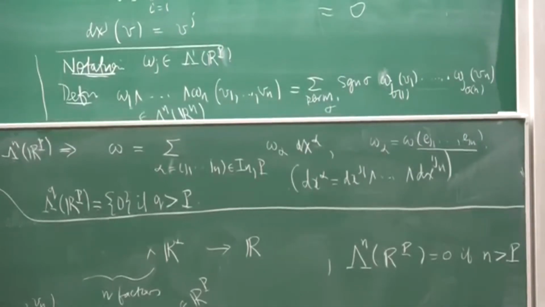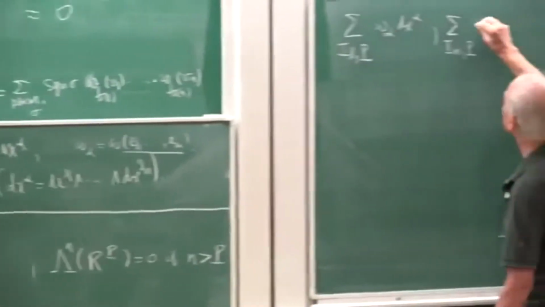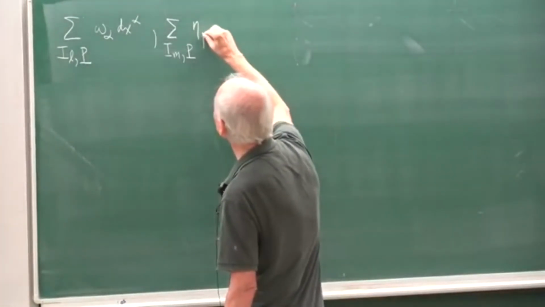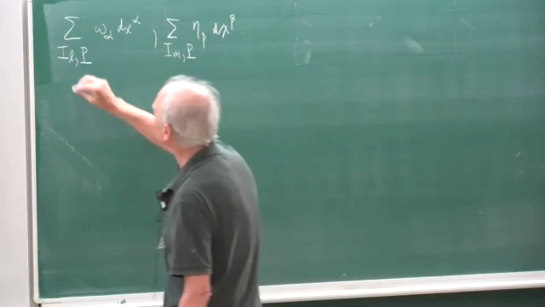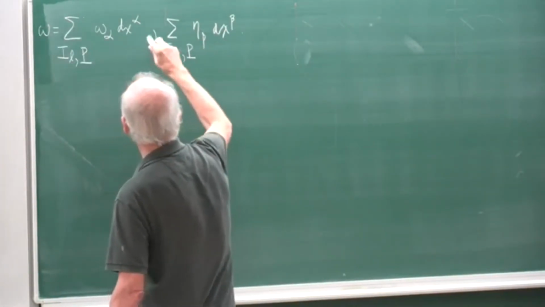Okay, so let's see. Let's take two of these, one with n equals L and one with n equals M, say η_β dx_β. So call this one ω and this one η.